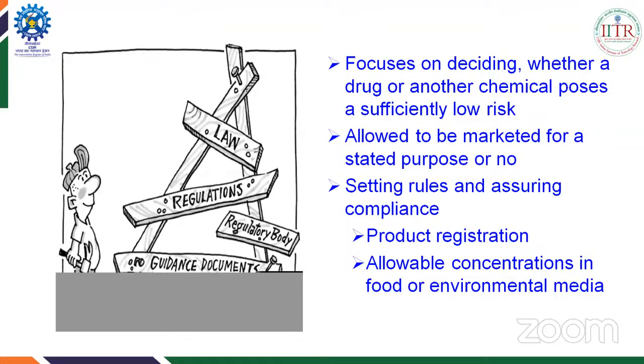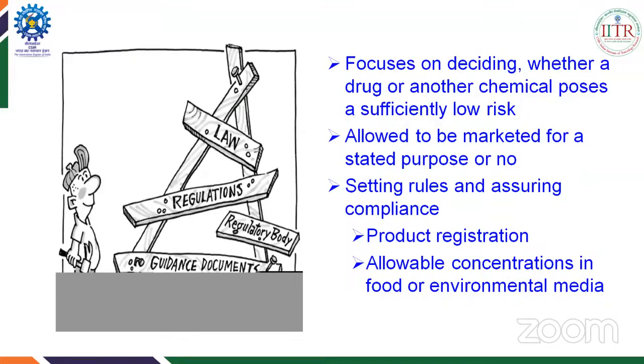So rules and regulations actually come in at various points. Right from the time, if I take the example of a chemical which is being developed as a new drug, since most of you here in the audience are from a B Pharm, M Pharm background, I'm taking the example of a new drug discovery program.